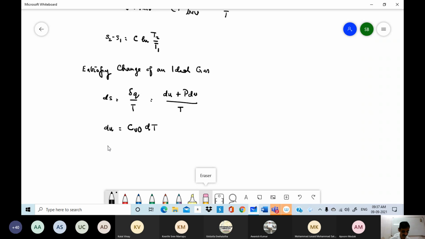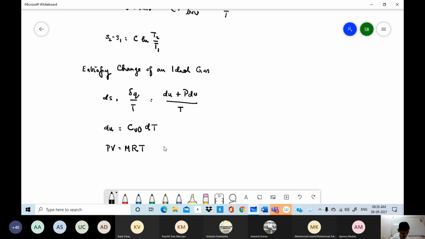We have, if the gas constant is expressed as per mass rather than per mole, then this is the relation.